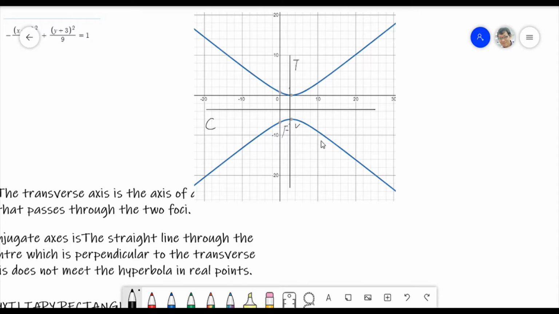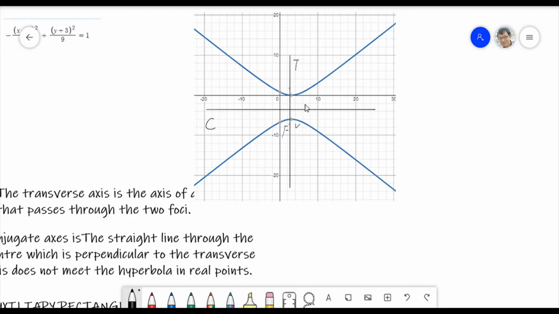So these are the two asymptotes, and we draw two lines: one passes through a vertex, and another passes through the other vertex, but perpendicular to the transverse axis.